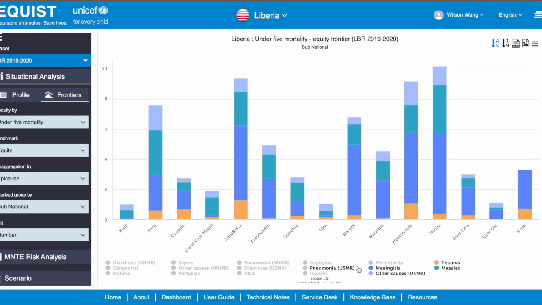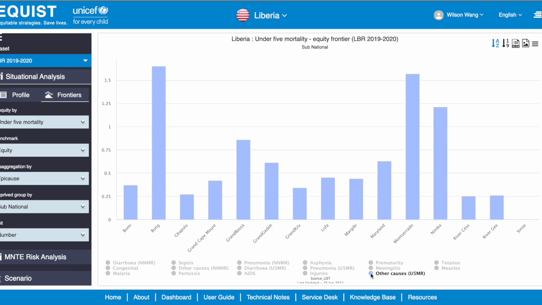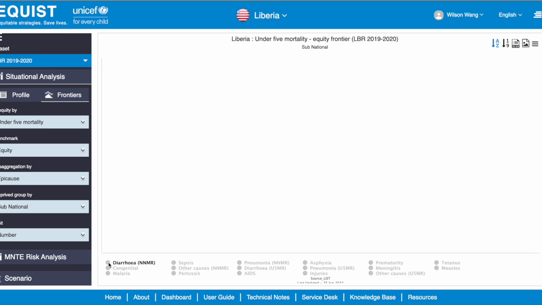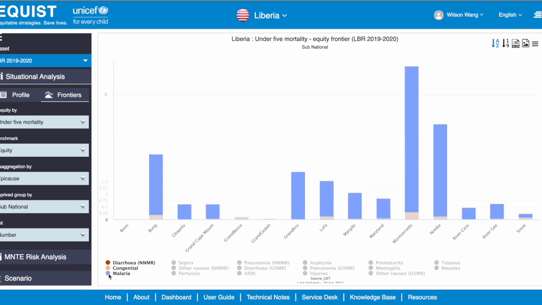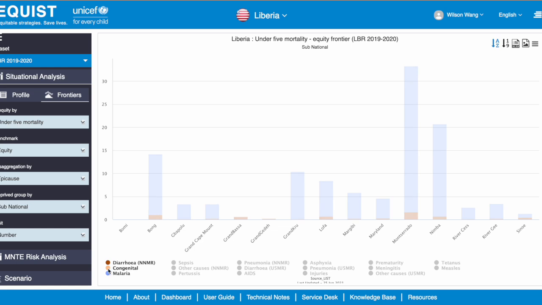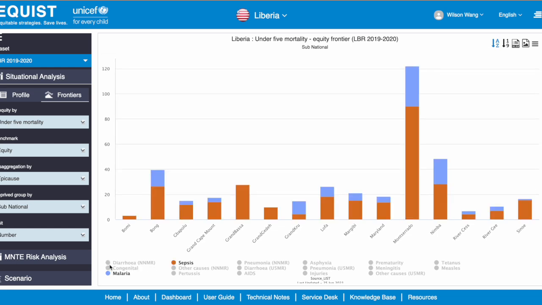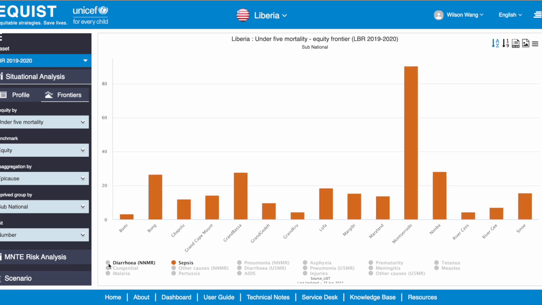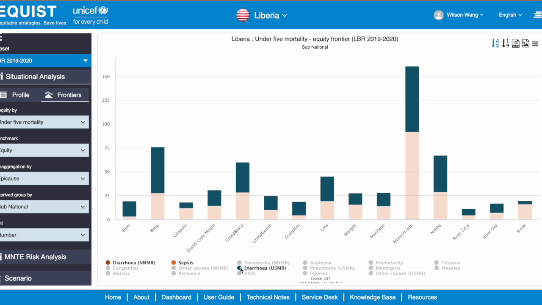The first thing I want you to see is that you can look at different places in Liberia by the diseases that are afflicting those areas. And in this case, if you click out, you can isolate.